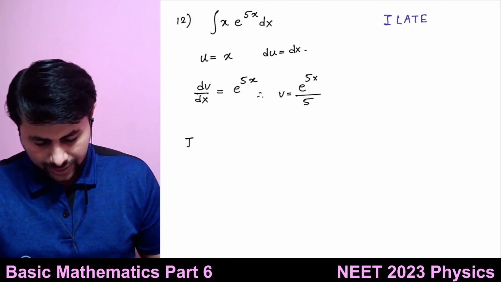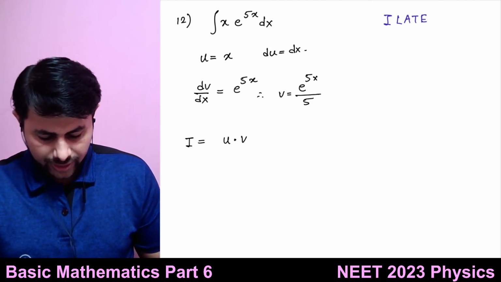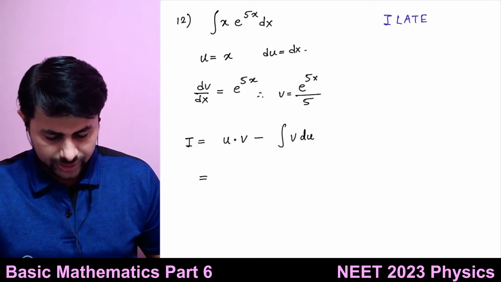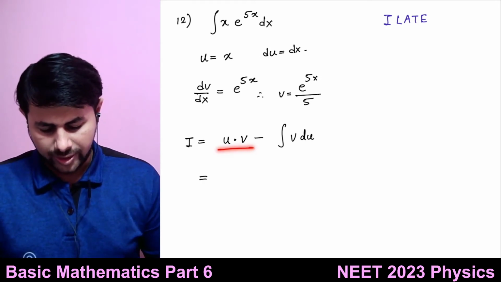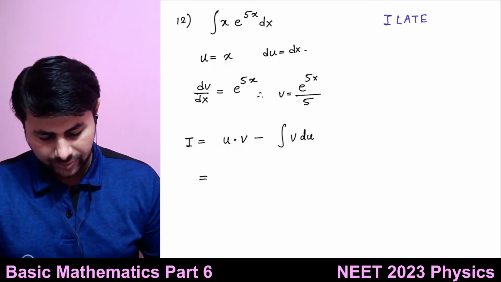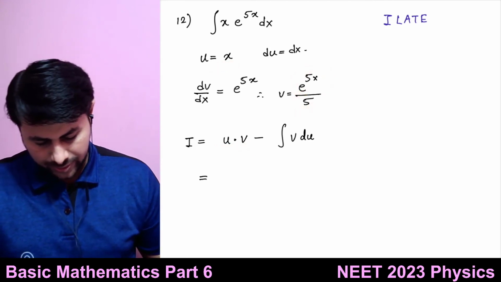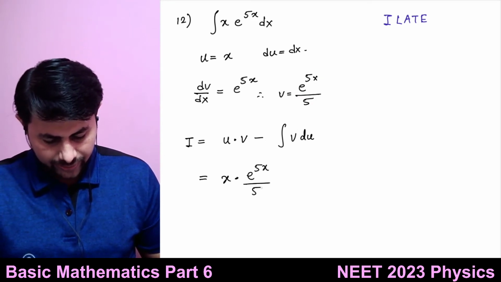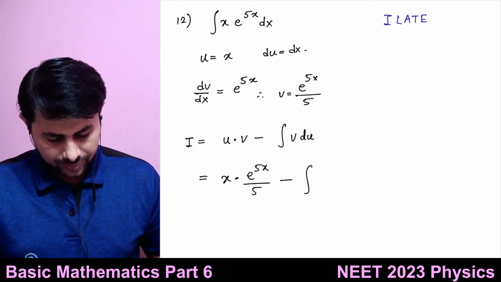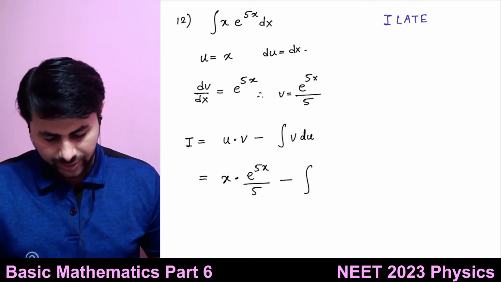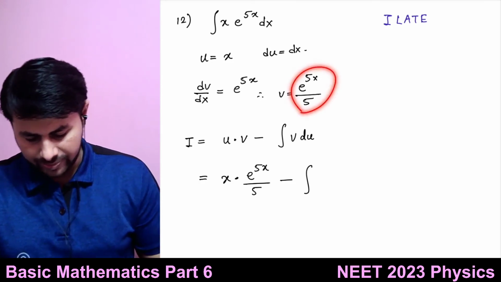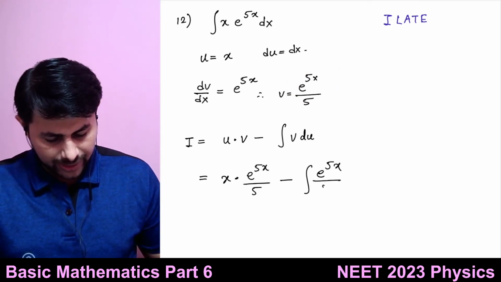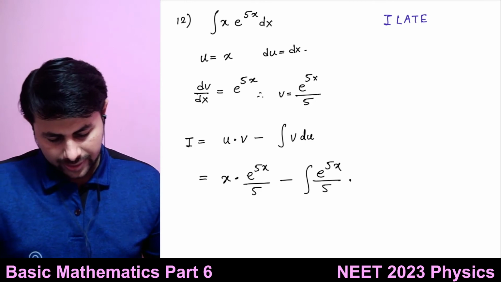So let's write I equals u times v minus integral of v du. U is x and v is this thing, so it is x multiplied by e raised to 5x divided by 5 minus integral of v, which is e raised to 5x by 5, multiplied by dx.